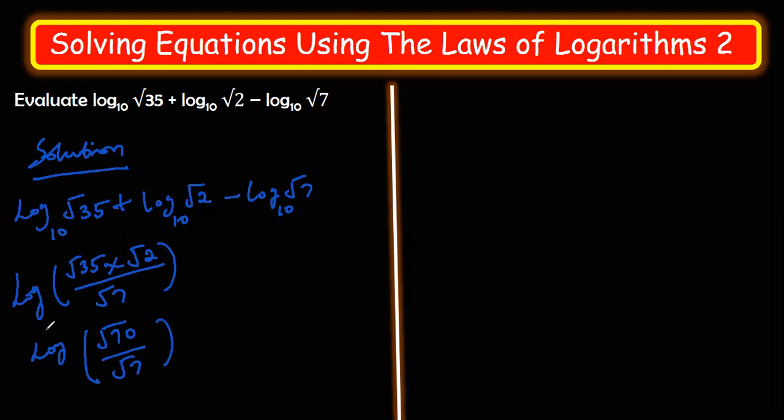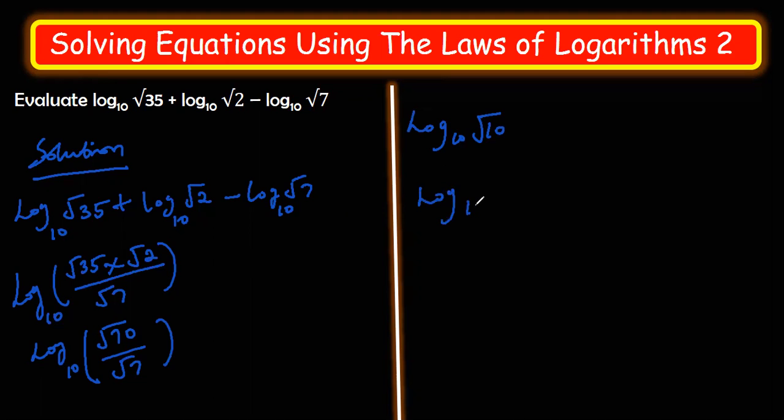It is in base 10. Why didn't I write it here? Base 10. Then we are going to have log of root 70 divided by 7, we should have root 10.